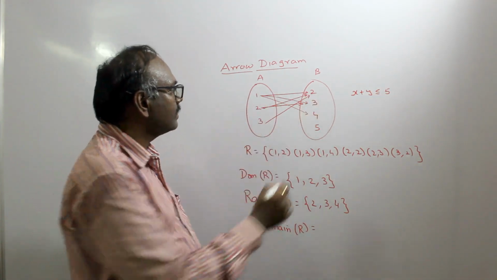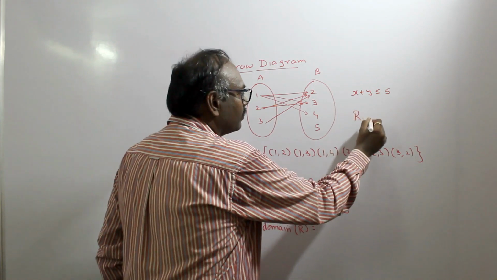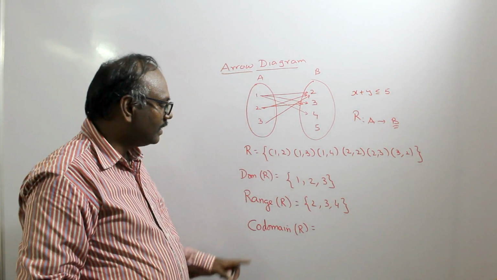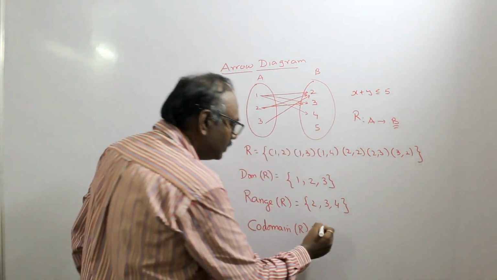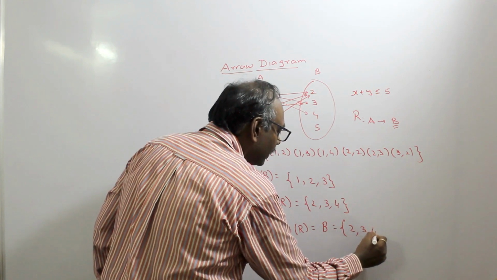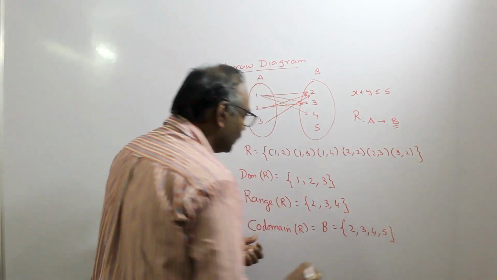So here, since R is a relation from set A to set B, we call this B the codomain. So here the second set is B, which is the set containing the elements 2, 3, 4, 5, is called the codomain of this relation R.